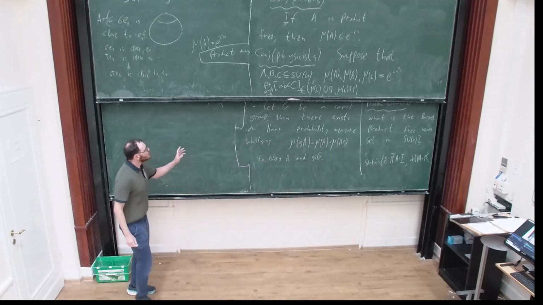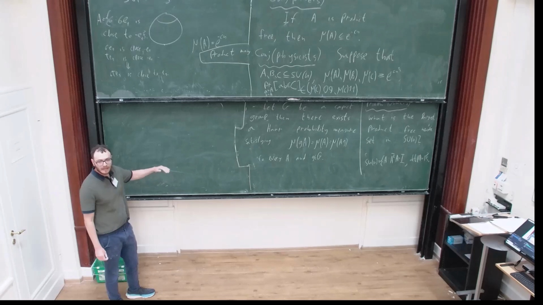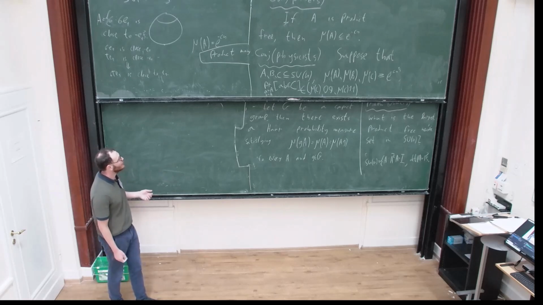So basically it tells you that if you have three sets that can be quite tiny, then the following counterintuitive thing holds.